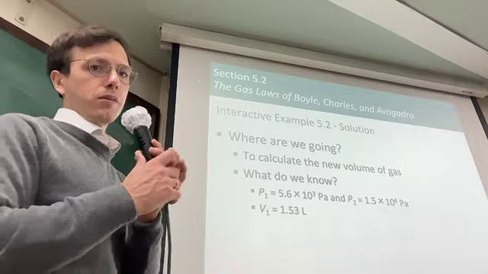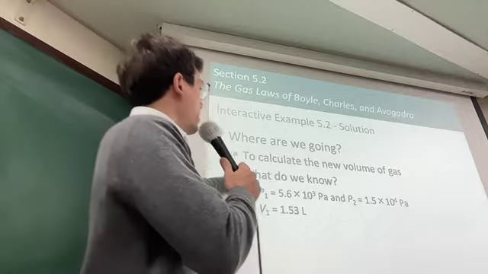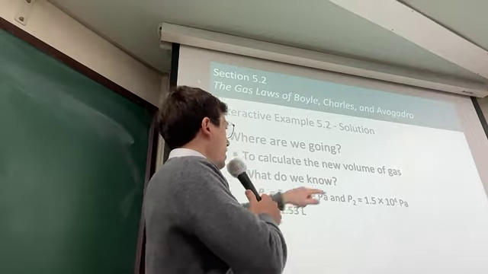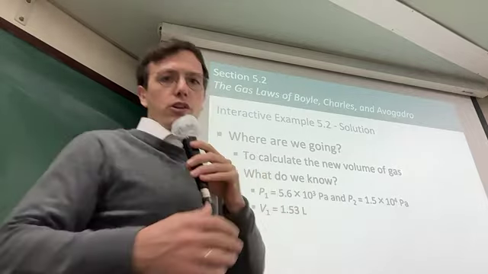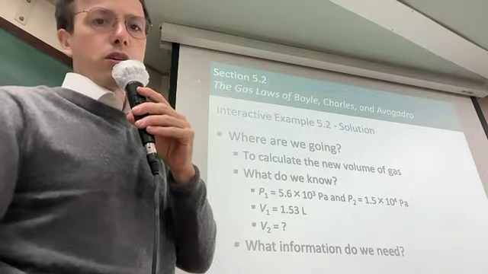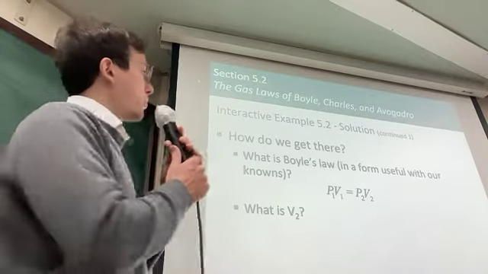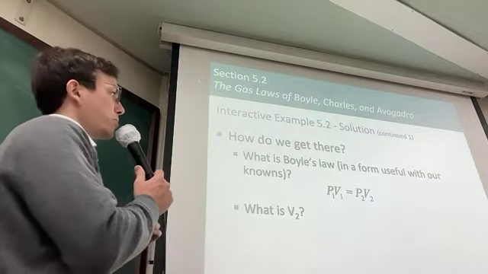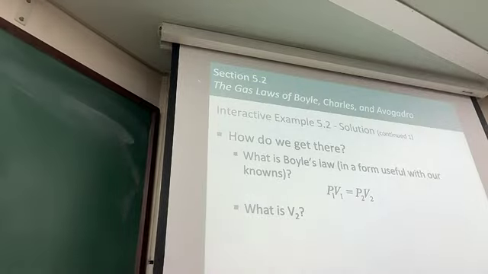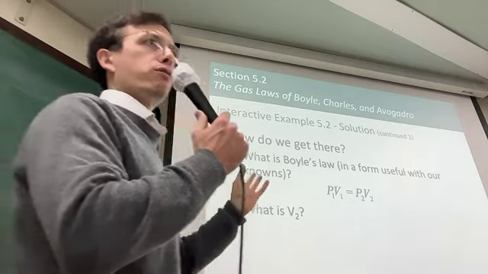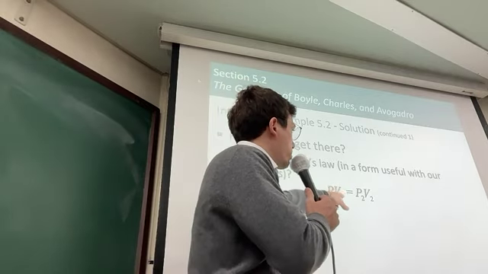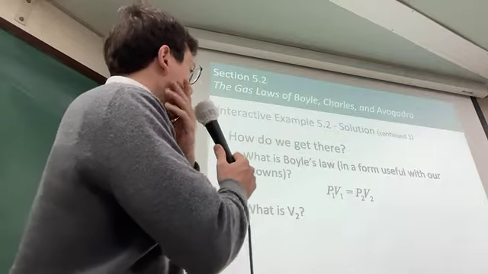We know the initial pressure and the initial volume, and we know the final pressure. So we just need to solve Boyle's law here. P1 times V1 equals P2 times V2, because P times V is a constant. So it doesn't matter what happened from beginning to end. The product of these two has to be the same.